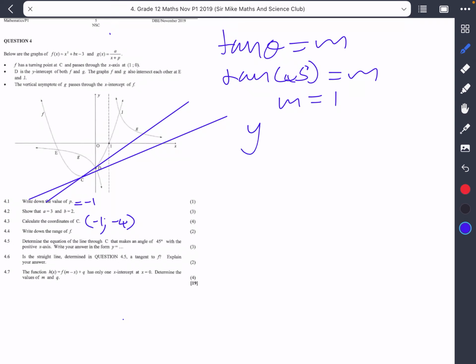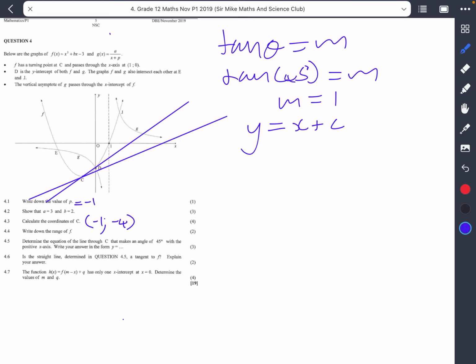So we know that the equation would be y equals x plus c. Now remember, we also have another point, which is point C. To find the value of c, I'm going to substitute that point into this equation. So we know that's -1, -4, right?